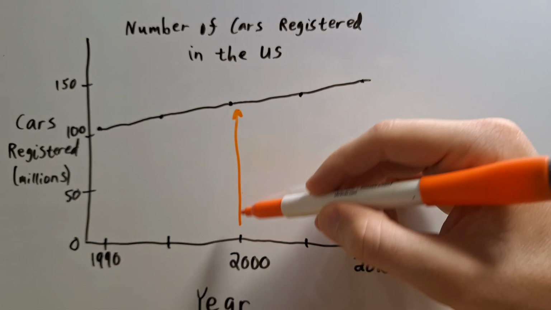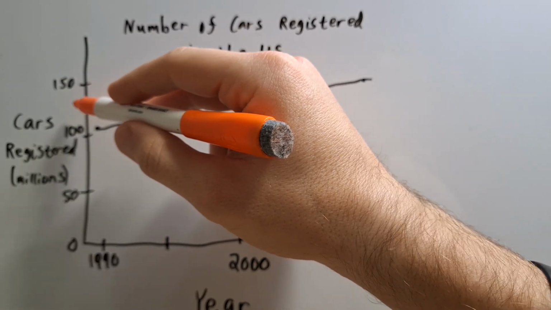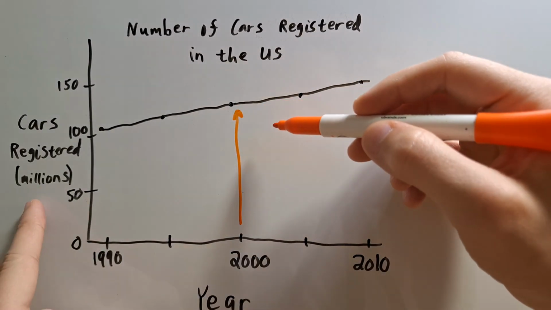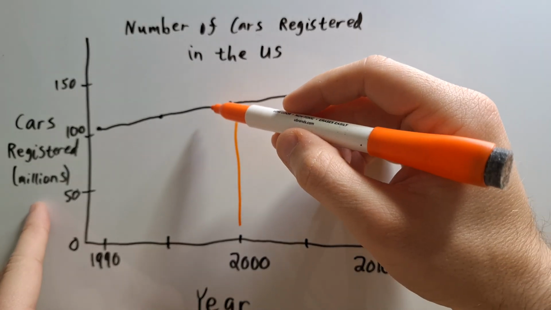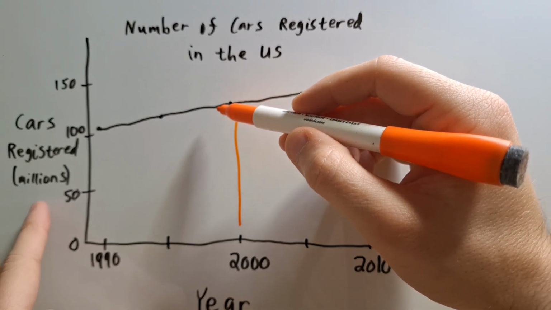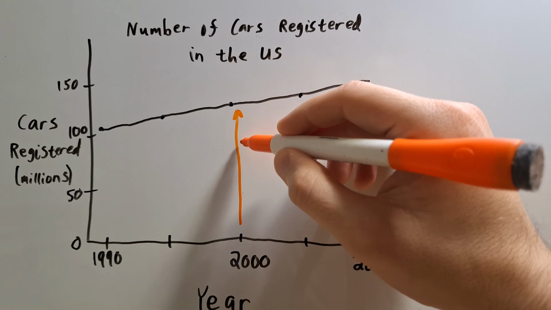So in the year 2000, if we look here, we're not exactly halfway up vertically on the cars registered part of this graph. So we're under 125 million, and if we're not too far away from that amount, if we're in that ballpark, we'll get the correct answer.